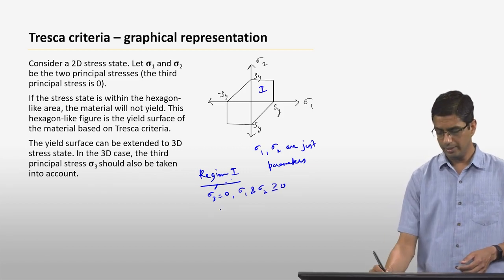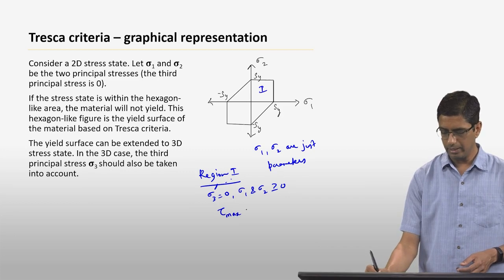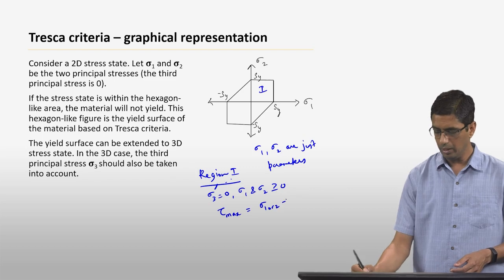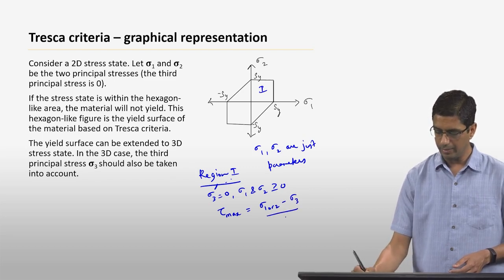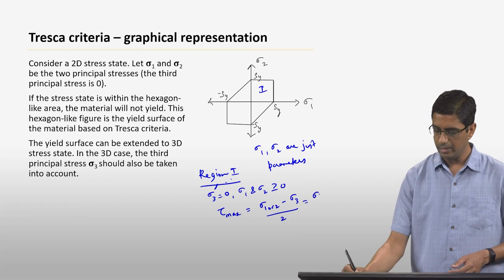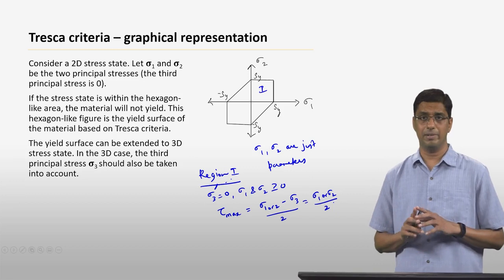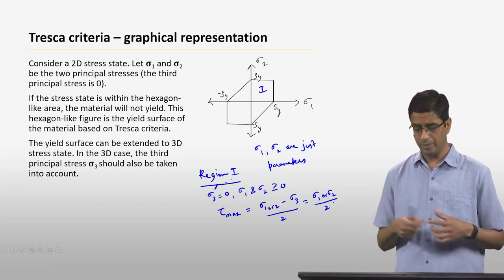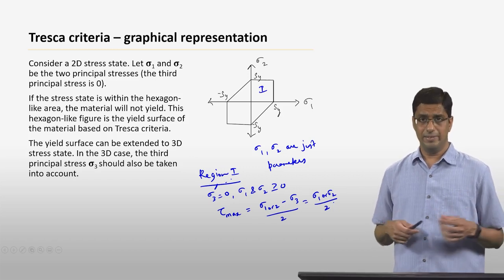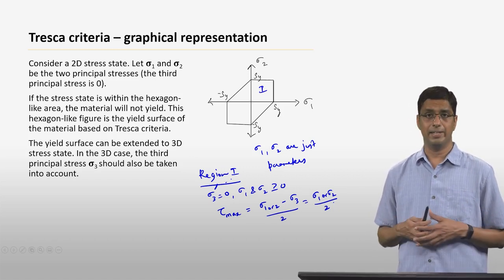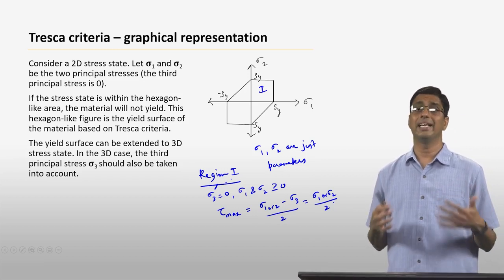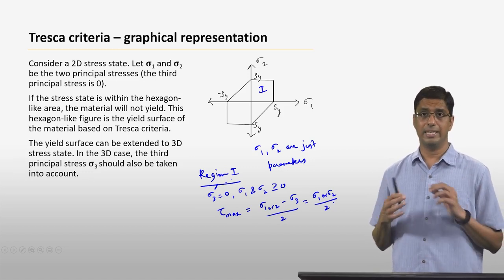So in this case, tau max is going to be nothing but sigma 1 or 2 minus sigma 3, divided by 2, which is nothing but sigma 1 or sigma 2 divided by 2. Again, I am not assuming that sigma 1 is always greater than sigma 2. Sigma 1 and sigma 2 are just variables. So whichever is the higher value, if that value is less than your Sy, then it's not going to fail.